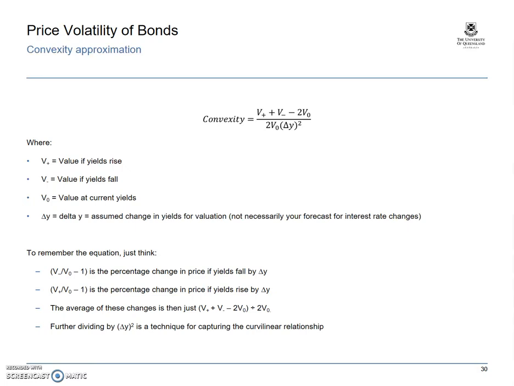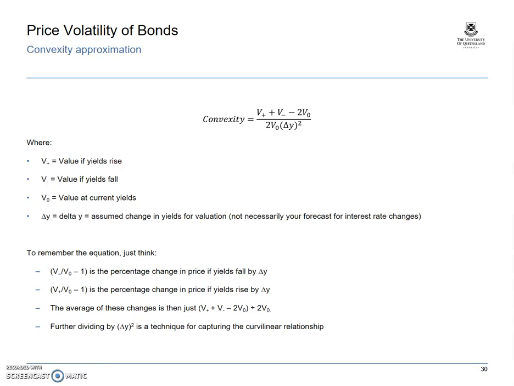And in this case, the convexity will equal V positive plus V negative minus 2 times the initial value of the bond, V0, divided by 2 times V0, and we multiply that by our delta y squared.